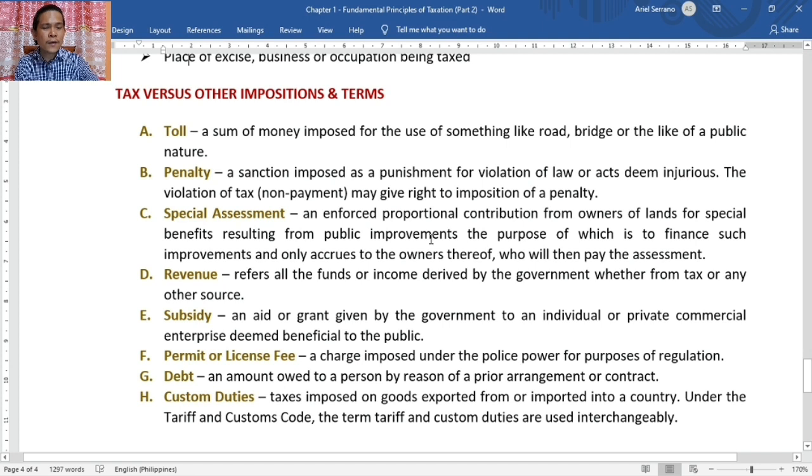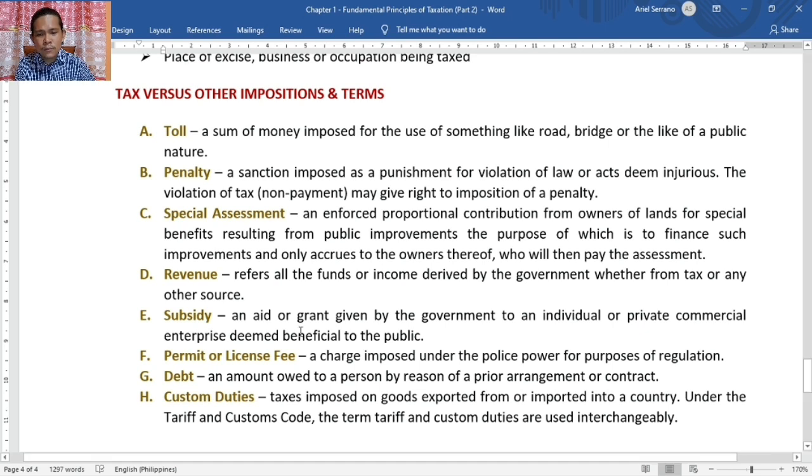The purpose of which is to finance such improvement and only accrues to the owners thereof, who will then pay the assessment. So pag special assessment, merong imposition because of the land. Okay? Yun yung pinaka unique niya as compared to the other impositions, or especially sa tax. Pag buwis kasi, hindi lang naman yan specific doon sa lote, meron kang person and other excise taxes.